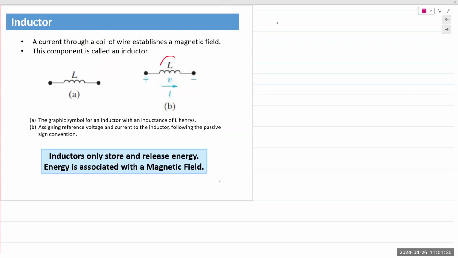That component is known as an inductor. It is symbolized or noted with an uppercase L. All the symbols are uppercase. Resistor, inductor, and capacitor, R, L, and C, they are all uppercase. The units are also uppercase.